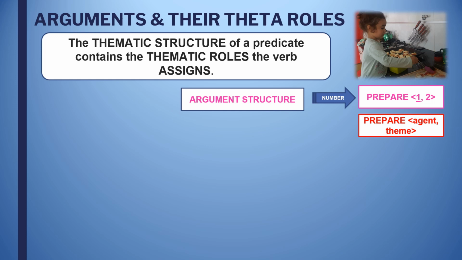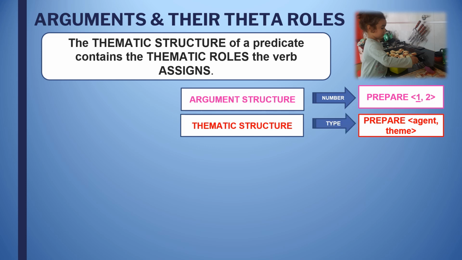Now, information about the verb and its thematic relation with the arguments is contained in the thematic structure. The thematic structure provides the theta roles that are associated with the arguments with respect to a given predicate. In this case, the predicate prepare assigns the theta roles of agent and theme to its arguments.